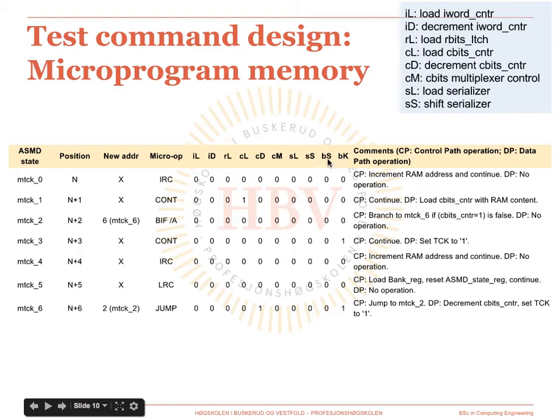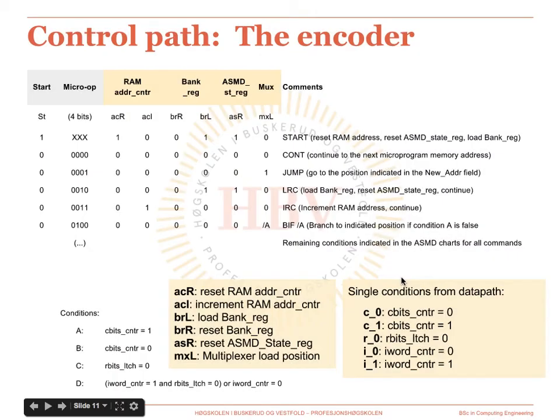BS and BK are the board TMS and board TCK test access port pins. Please take a moment to look into these operations and try to relate them to the architecture represented earlier in the control path slide.